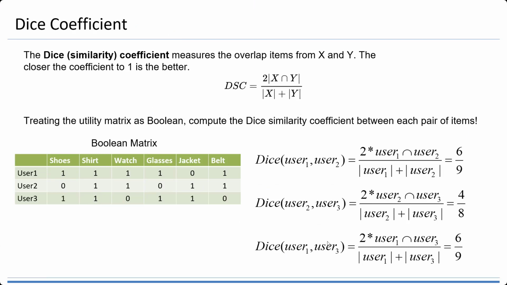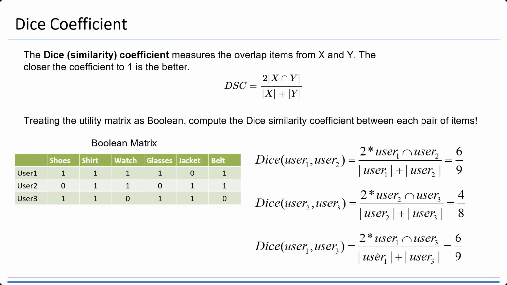The dissimilarity between user 1 and user 3 is 2 multiplied by the intersection of user 1 and user 3. So it is 1, 2, 3. Okay, so 2 multiplied by 3, it is 6.